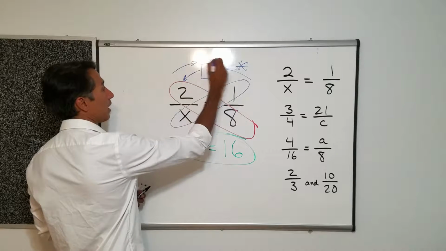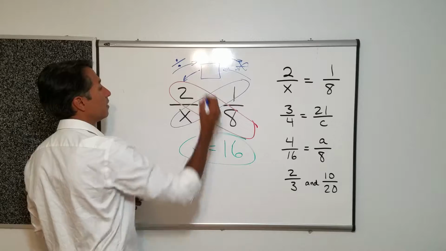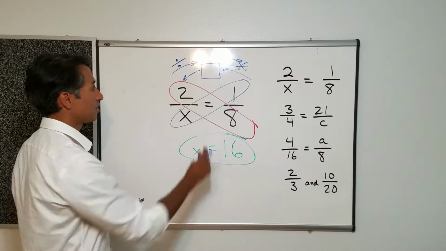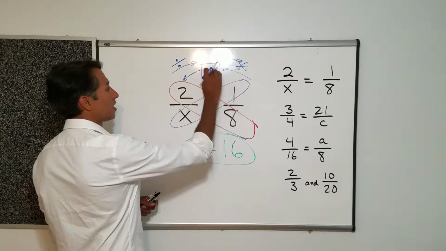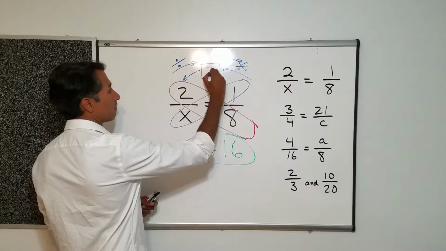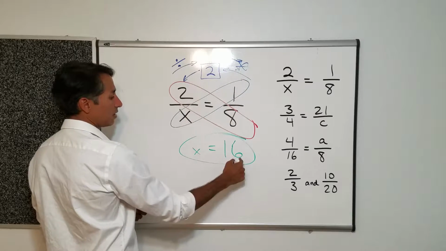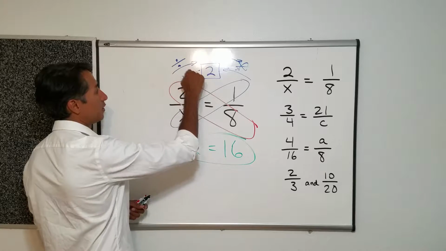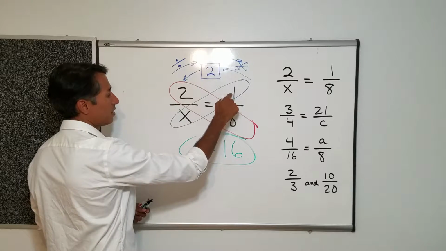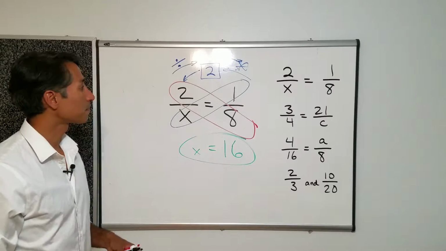If you're going this way, we divide. There's a magic number that goes in there, your scale factor. So 1 times what is 2? 2. Therefore, 8 times 2 is 16. Going back the other direction, 2 divided by 2 is 1, and 16 divided by 2 is 8.